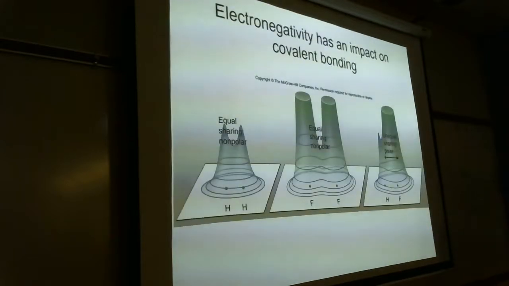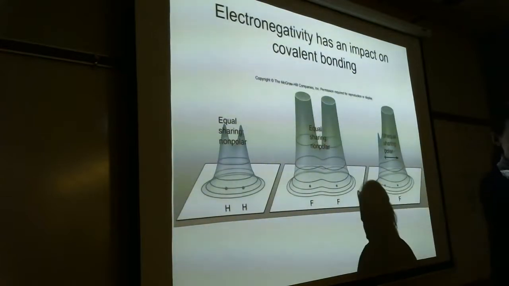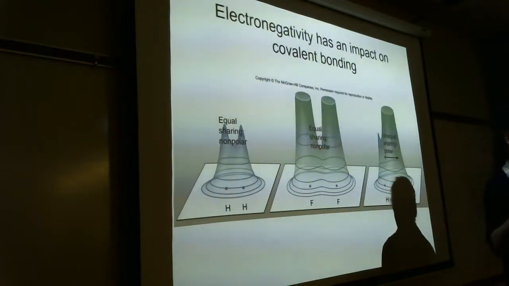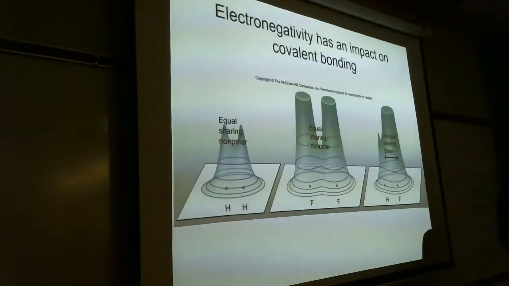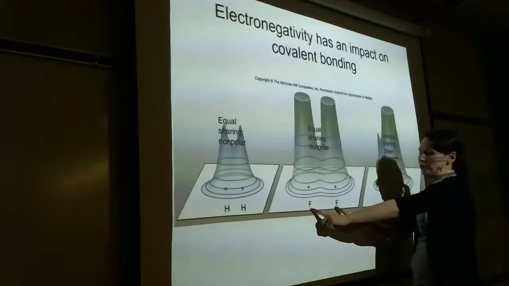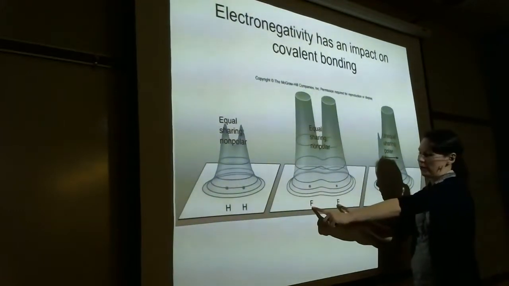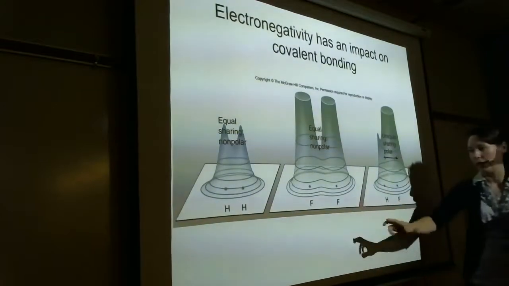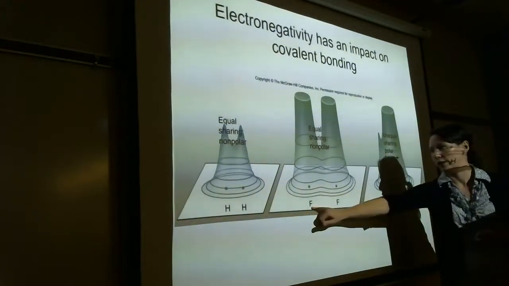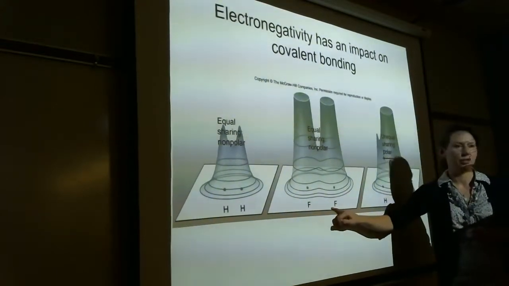All right, so electronegativity is going to have an impact on covalent bonding, right? Because if two atoms are sharing electrons and one of them's pulling them closer to them, that's not going to be even sharing. So if you're bonded to yourself, you're obviously going to be sharing equally, right? Because even though fluorine's the most electronegative element, this fluorine's going to pull on electrons just as hard as this one is, right?